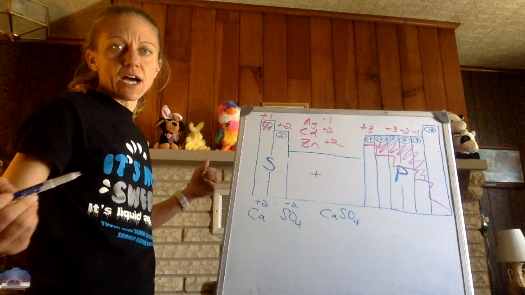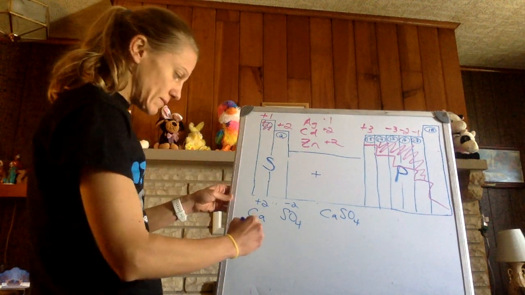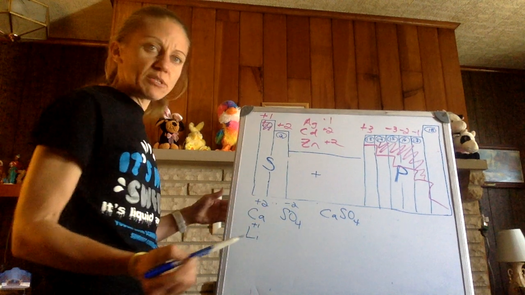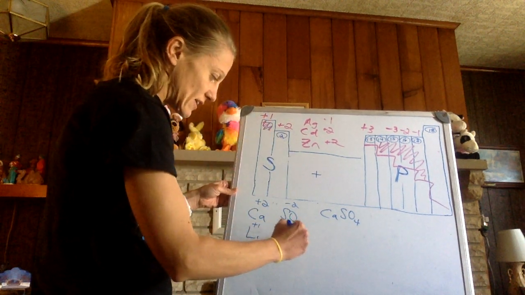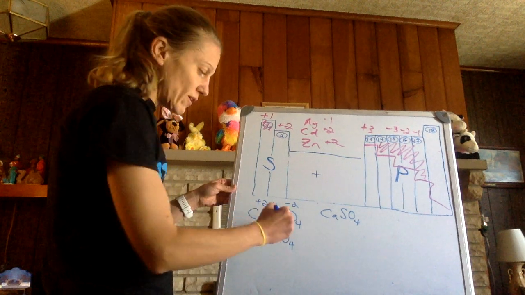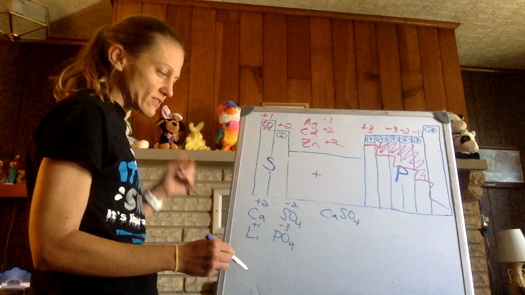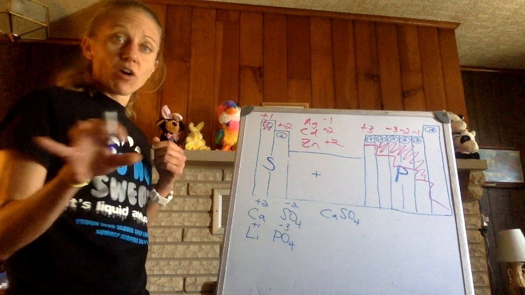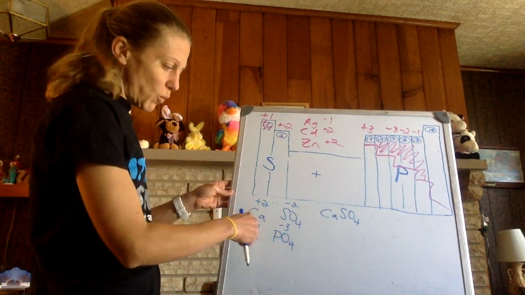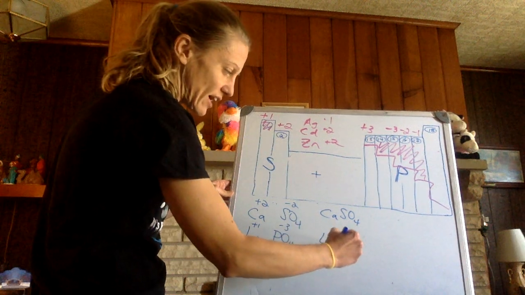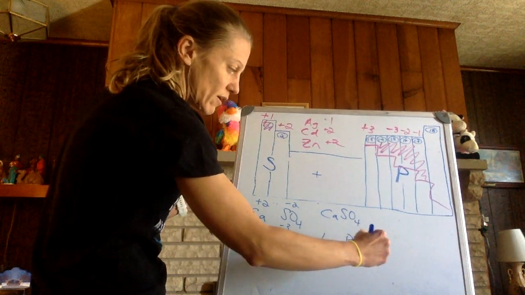CaSO4. Done. Lithium. We just did lithium. It's +1. It's in group 1. That's how I know that. And phosphate was PO4, -3. It's on my list. Just like always, I'm crossing my charges. I need 3 lithiums and 1 phosphate, Li3PO4.